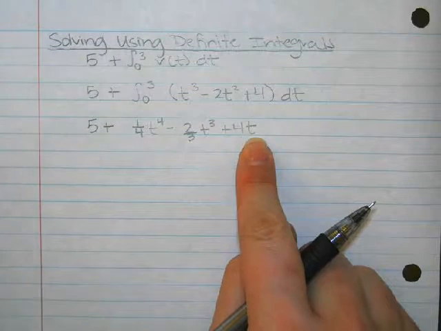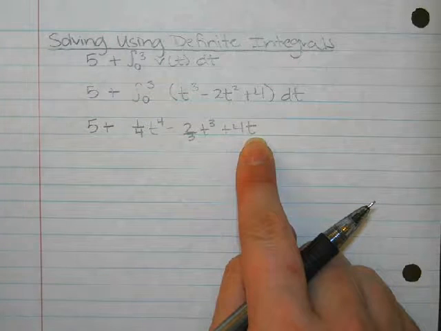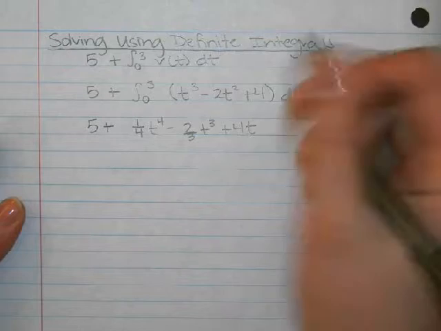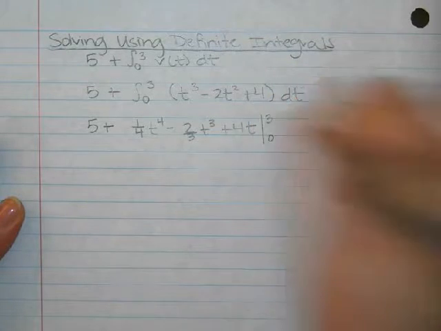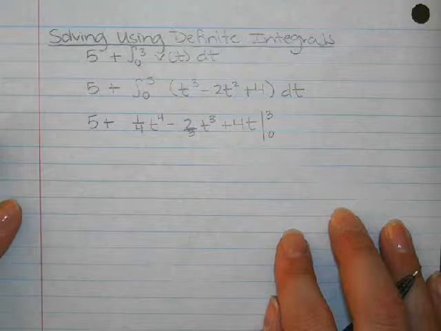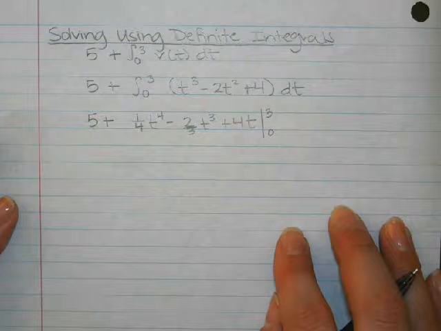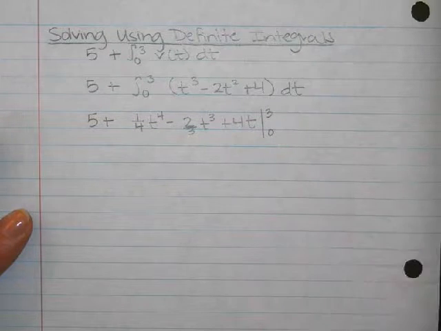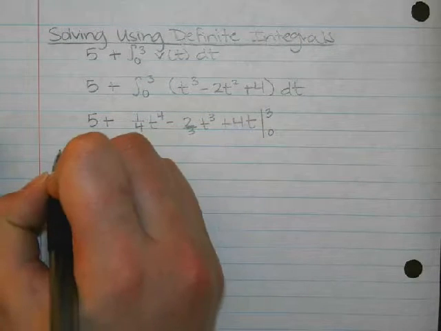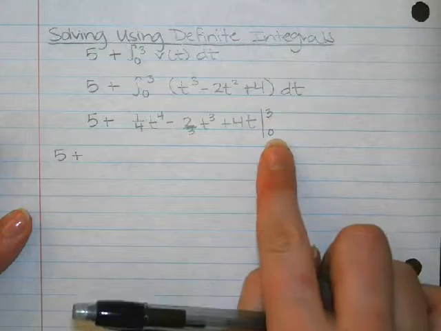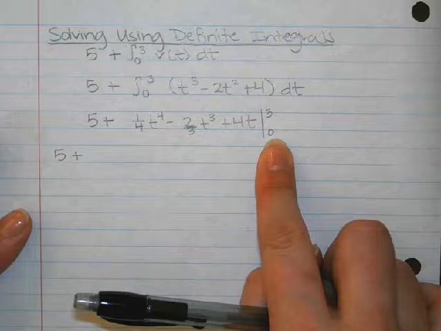If I'm doing a definite integral this time, do I need a plus c? No. So now I say from 0 to 3. I have 5 plus, and then I plug in 3 and plug in 0 and subtract those values.